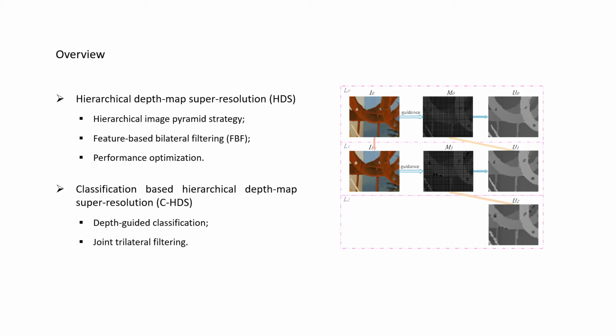To accelerate the process, we perform filtering only near depth boundaries and through matrix operations. In the upgraded CHDS model, a context-adaptive classification strategy is first introduced to reduce the contributions of invalid neighbors to the interpolation. Then the interpolation is implemented via a joint trilateral filtering which includes the classification result.